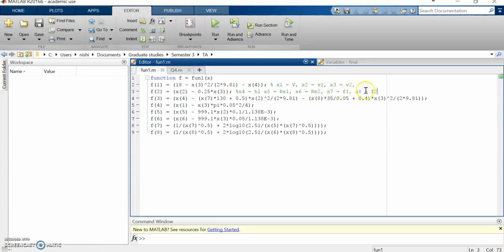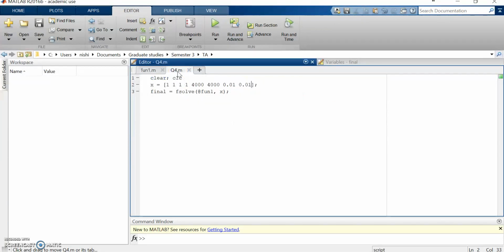Now we have F1 and F2, which are the 2 friction factors in the pipes. I'm not sure what these values are, but I know that their range is in the order of 10 raised to minus 2. So let's put these down as 0.01 and 0.01. So we have a guess for all our 8 variables.